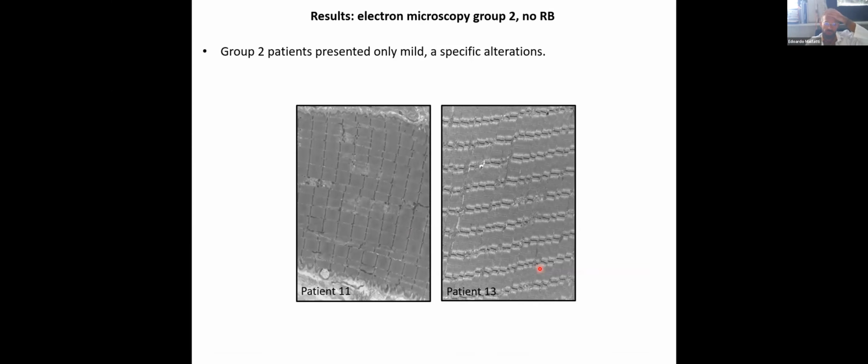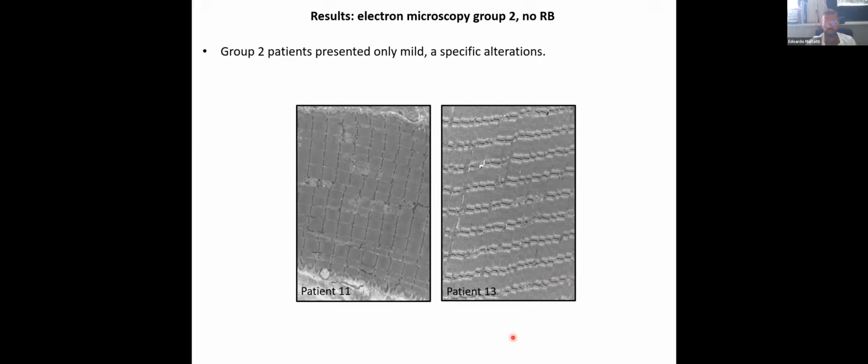In contrast to the findings of the reducing body, we deeply analyzed the ultrastructure of the muscle samples from the other forms, I remind you, those with cardiomyopathy and those with the Emery-Dreifuss-like phenotype.